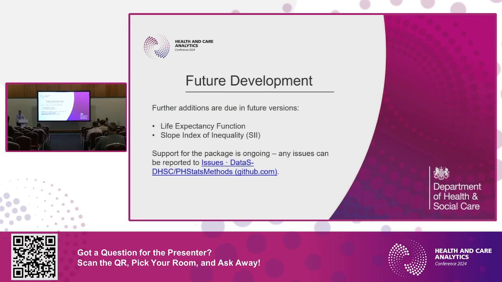So the package will have ongoing support moving forward, so if any users of the package have any issues, they can log it at the GitHub that's linked there, and we'll be able to resolve it as soon as we can. We also have some future development in mind, particularly the life expectancy and SII methods have been identified as our most short-term goals.